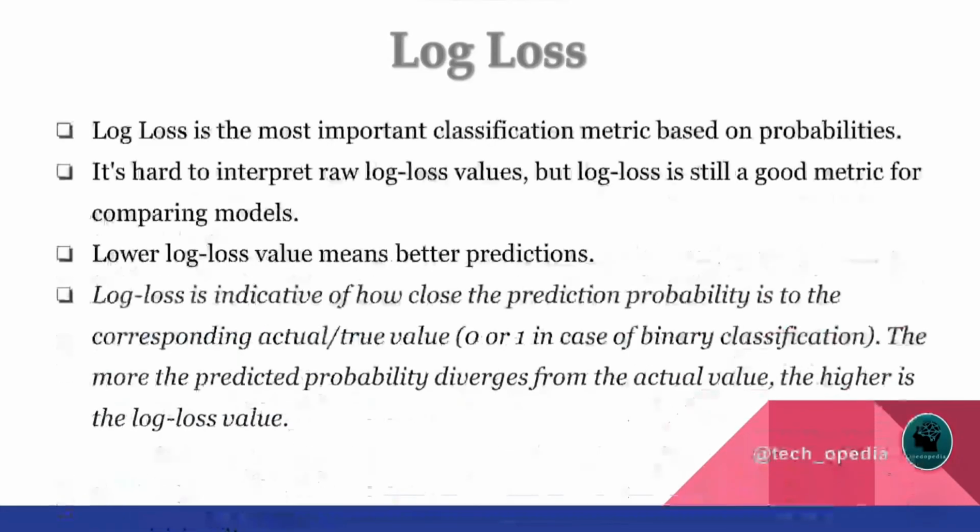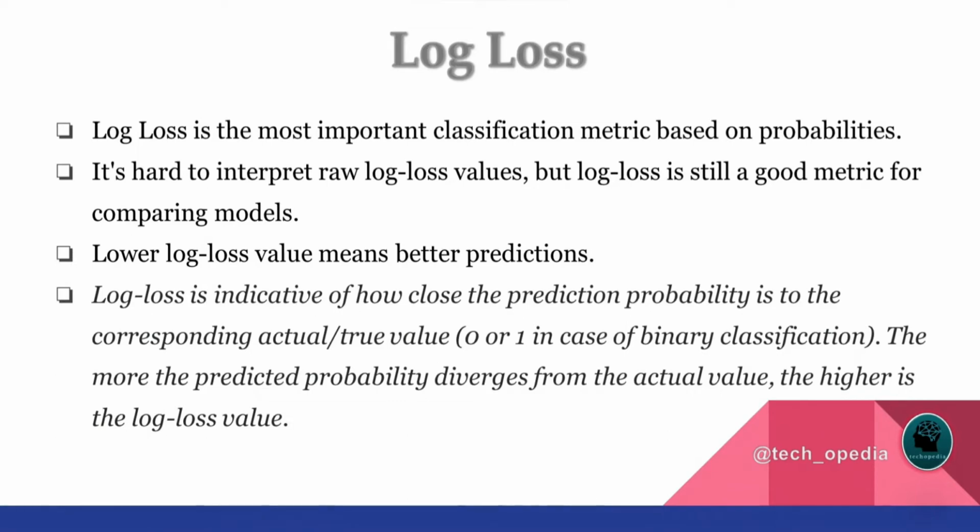What is log loss? It is an important classification metric based on probabilities. You know that we predict probabilities in the case of the AUC ROC curve. That way only we predict the probabilities based on the classes.